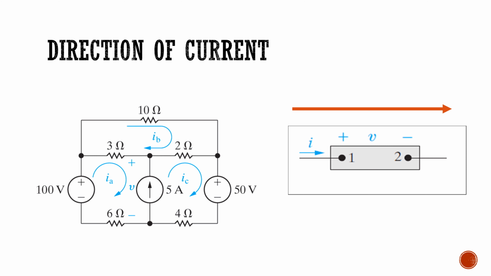Thus, the same quantity of current entering the left terminal must leave the right terminal. So if we have 3 amps entering the left terminal, we must have 3 amps exiting the right terminal.